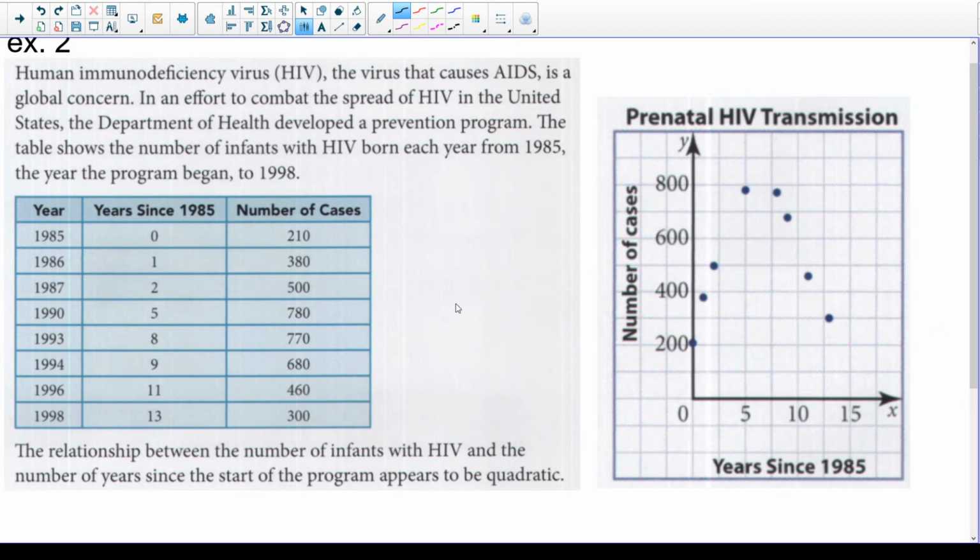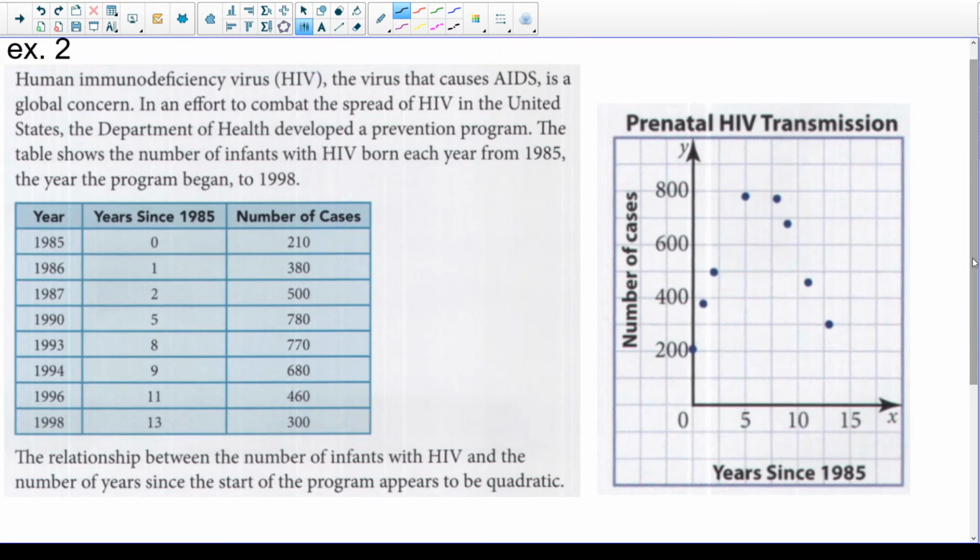The relationship between the number of infants with HIV and the number of years since the start of the program appears to be quadratic. So would there be a way that we could model this scenario using what we know now of our quadratic equations? Okay, so let's try.